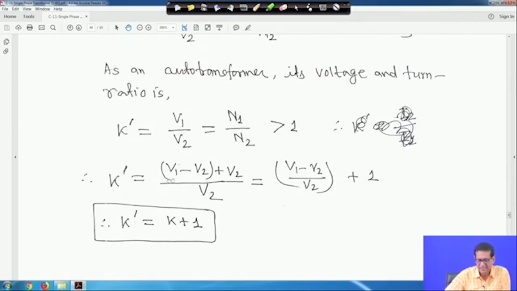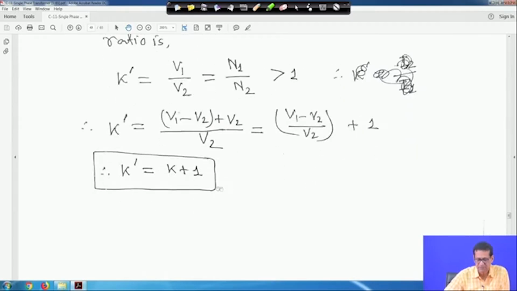Therefore, K dash can be written by adding and subtracting V2. So K dash is equal to V1 minus V2 plus V2 upon V2. This can be written as V1 minus V2 upon V2 plus 1, because V2 by V2 is 1. Therefore, V1 minus V2 upon V2 is equal to K.